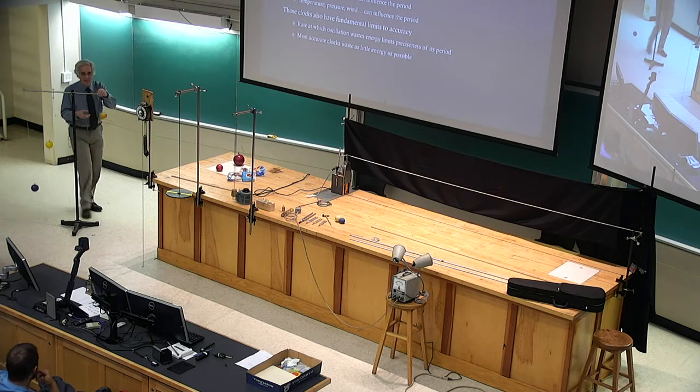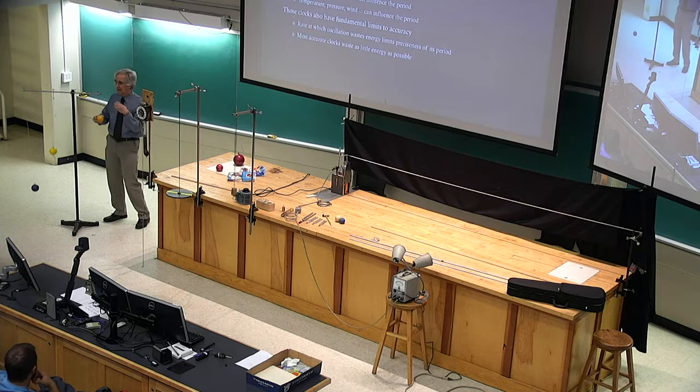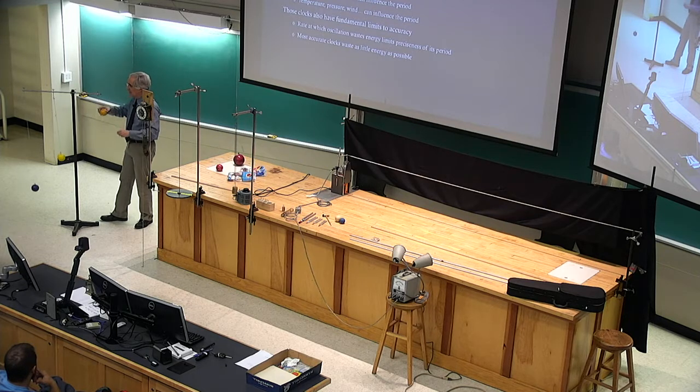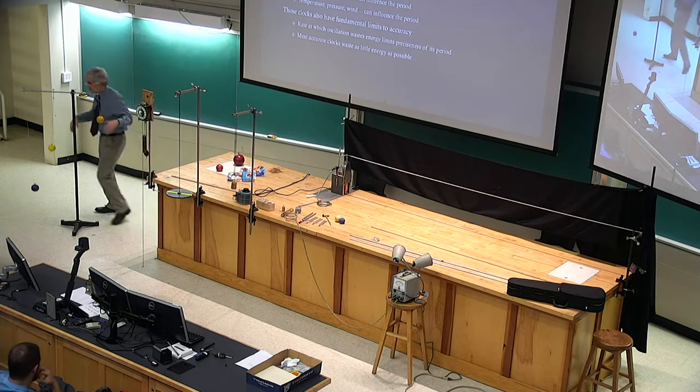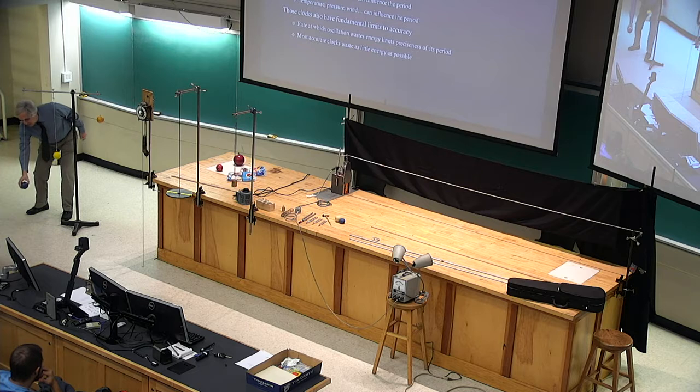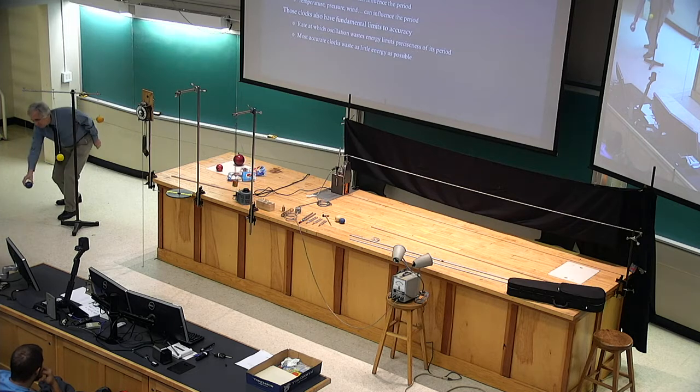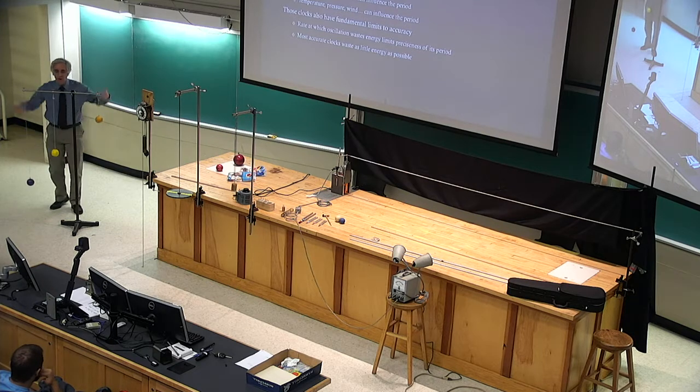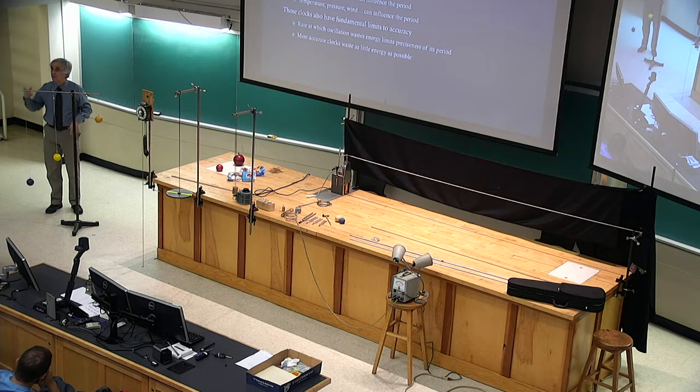The shorter the pendulum is, the stiffer the restoring force gets, because this pendulum really cares if you take it away from center. It pushes back strongly. Whereas this longer pendulum doesn't have as stiff a restoring force. You can pull it away from center and not feel it pull back very much. It doesn't care as much. So shortening the length of the pendulum speeds it up. Faster period. Okay with that?